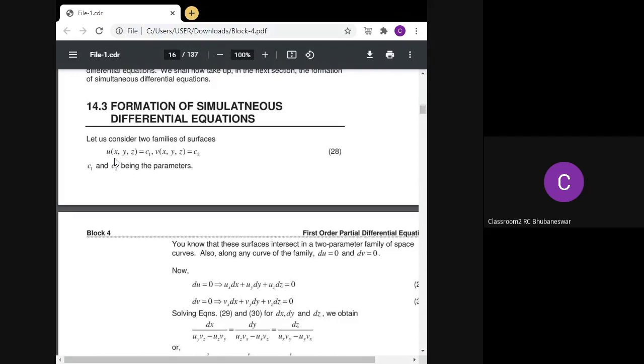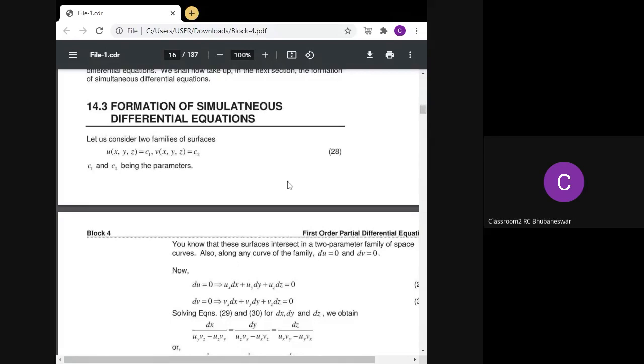U is a family given by u(x, y, z) equals C1, and V is another family given by v(x, y, z) equals C2. Here C1 and C2 are any two parameters, and whenever we assign different values of C1 and C2, we will definitely get different equations of surfaces. So altogether they are known as two families of surfaces.